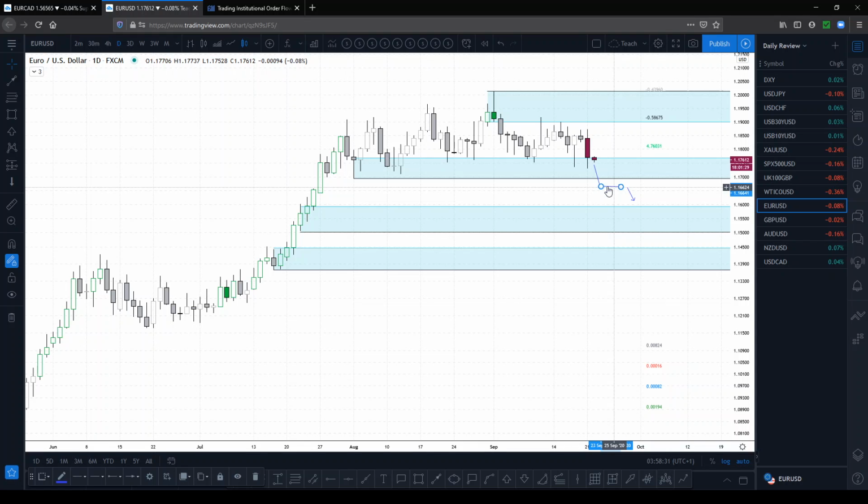So just a quick reminder lesson for those of us who may be relatively new to the methodology. Only two types of demand: prices going down, a drop, basing sideways, going back up: drop, base, rally. The other type of demand is a rally, a base, and a move up, what's called rally base rally.